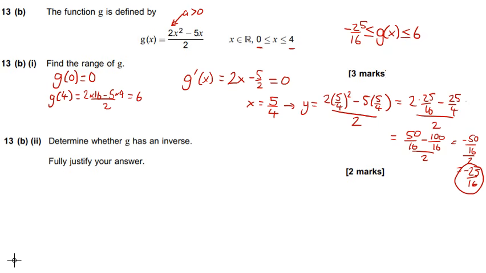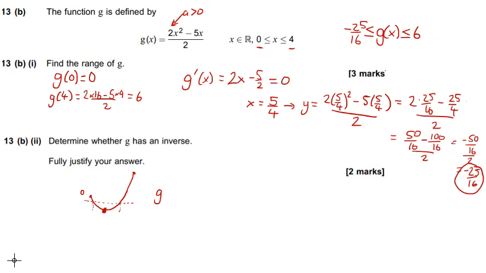So B part 2, determine whether it has an inverse. Well, the curve is going to look like this. So here's our minimum point. So it increases on one side, increases on the other side. Okay, so it goes up to 0 here and up to 6, x equals 6 there. So it has that shape. So for G, two different values of x give the same value of g of x.